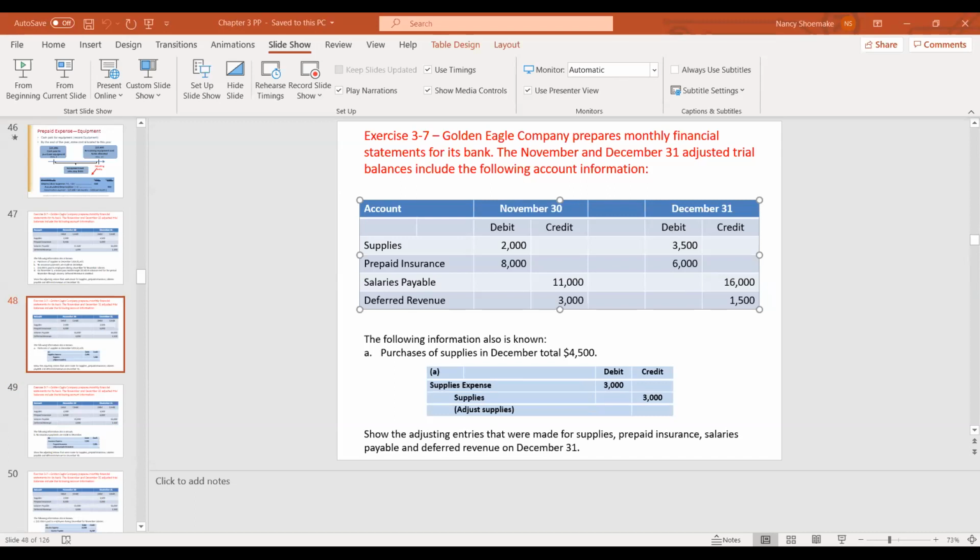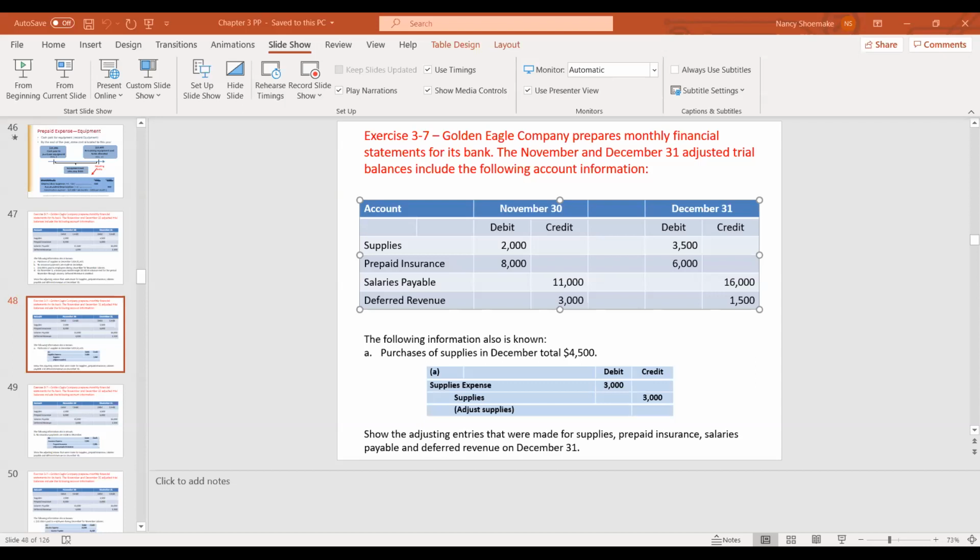What is it that has to happen to get this $3,500? Well, don't you see the 2,000 plus the 4,500, 6,500? We had to have had a $3,000 credit to this account, which would have probably been, we used up supplies.